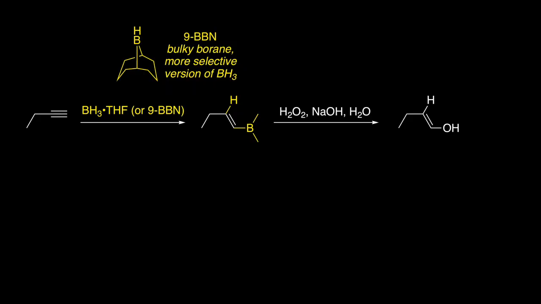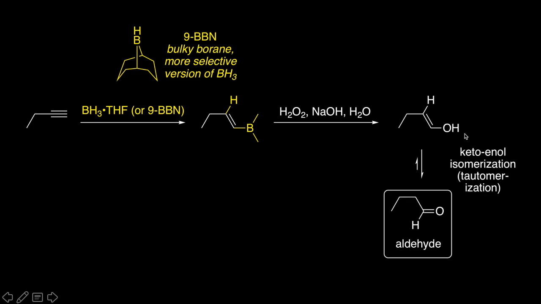Hey, my video cut off. Let's try this PowerPoint style. So I've got an alkyne. It's going to react with this borane here. The borane could be this big bulky thing, or it could just be BH3. Boron always adds to the less crowded end of that pi bond, and after oxidation gives me this alcohol, which is, again, an enol, alkene and alcohol right there, which is in equilibrium just as before with this carbonyl compound.